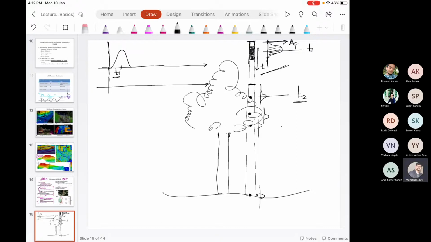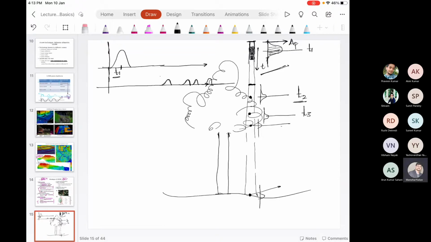In time advancement at t2, we have the first return. At t3, we have the second return. At t4, we have the third return. Finally, at t5, we have the last return.